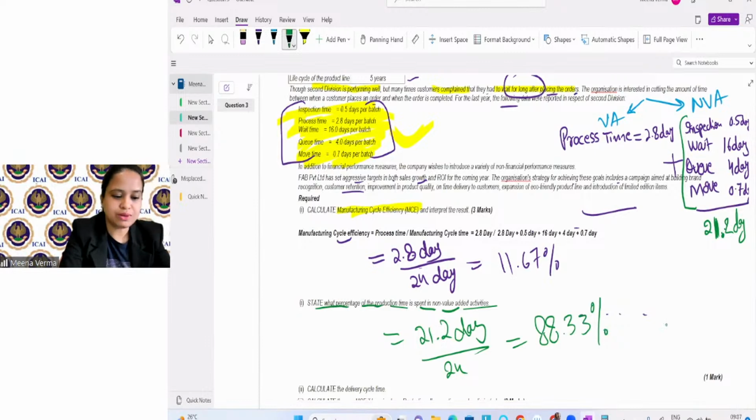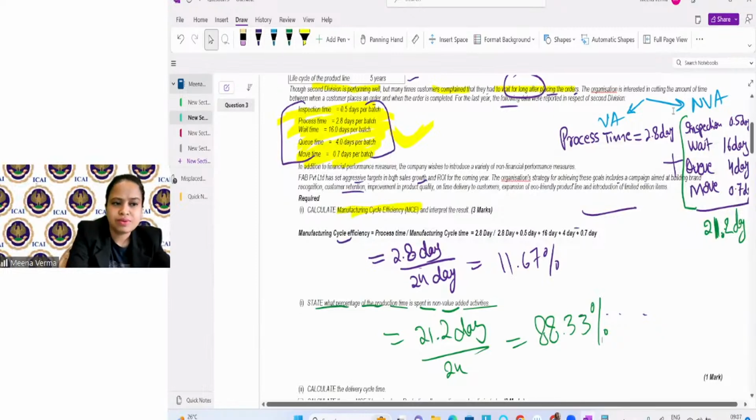All right, this much time we are wasting here on non-valued activities. We have learned non-valued activity matlab waste. So waste means we are wasting this time, which is not good for the company, right? These are non-valued activity, non-valued time.